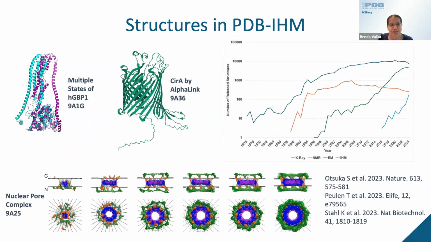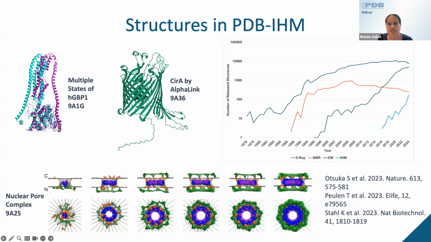Here I highlight a few recent examples from PDB-IHM. This figure depicts the assembly mechanism of the nuclear pore complex elucidated by integrative modeling, and has led to the creation of spatiotemporal models of the post-mitotic intermediates involved in the assembly pathway.